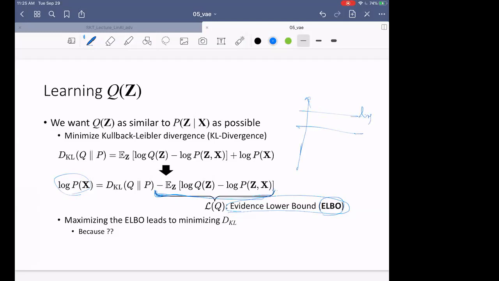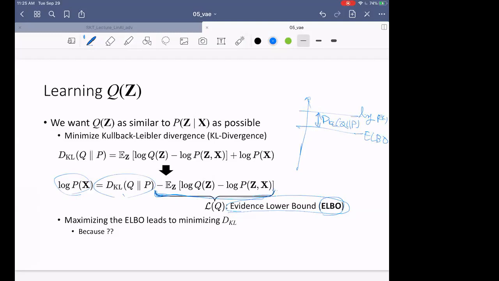This is your evidence lower bound, ELBO. Then the difference between the two is this one. So this is your difference, D_KL(Q||P). It is the difference between the true log p(x) and your ELBO.